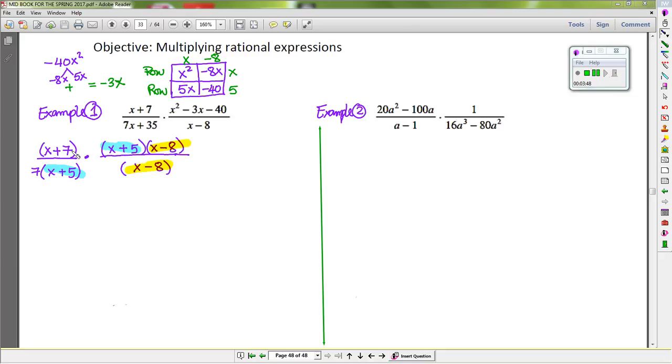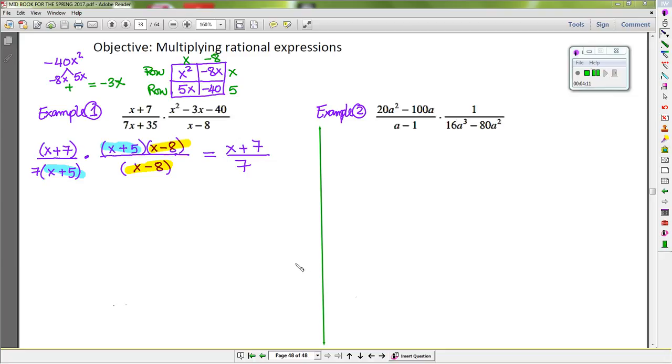Now when you multiply numerator with numerator, 1 times 1 is 1, 1 times x plus 7 gives us x plus 7 for the numerator. Now the denominator, 1 times 1 is 1, 1 times 7 is 7, so this will be our product.